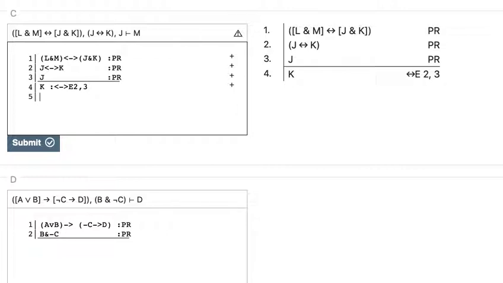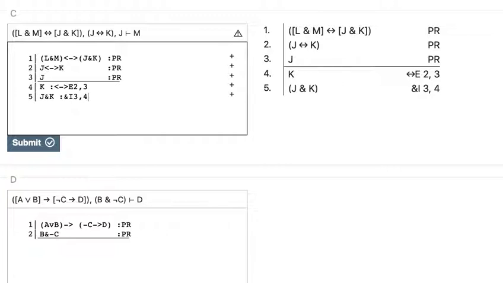So we've got K. Now what? Well, we can do this. If we have things on two lines, we can put them together to make a conjunction. So we get J and K by conjunction introduction, 3 and 4.